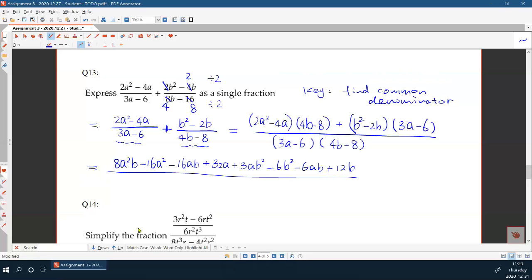It's easy to miss something. 3a minus b minus 6 and b plus 2. The only thing we can combine here is minus 16ab and minus 6ab, and the others we cannot do anything about.